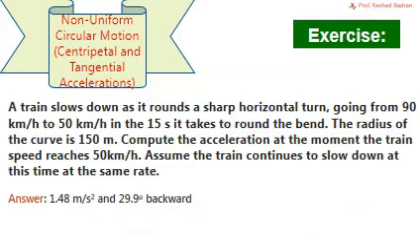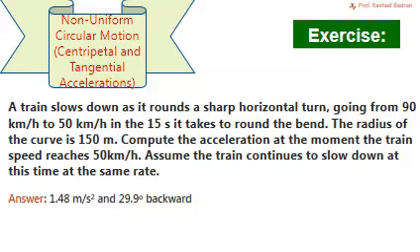In this exercise, a train slows down as it goes around a horizontal sharp turn, going from a speed of 90 kilometers per hour to 50 kilometers per hour in 15 seconds. The radius of the curve is 150 meters.